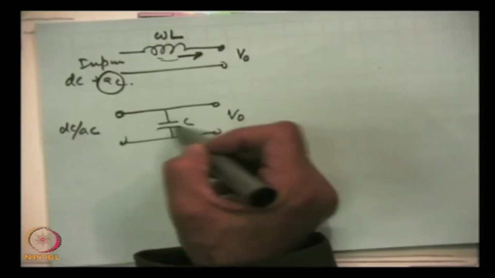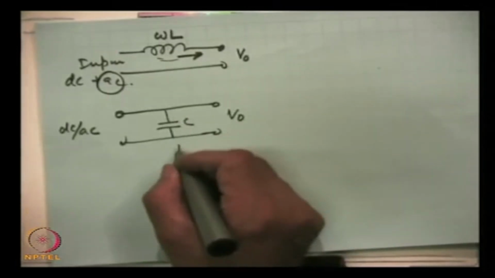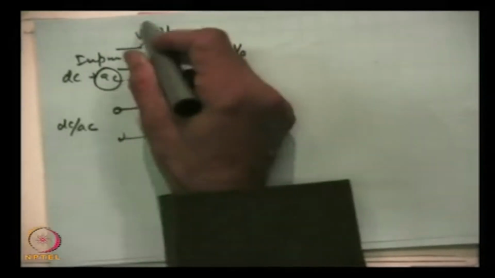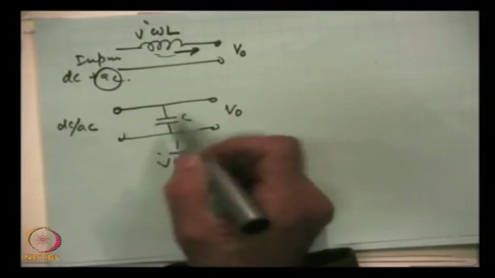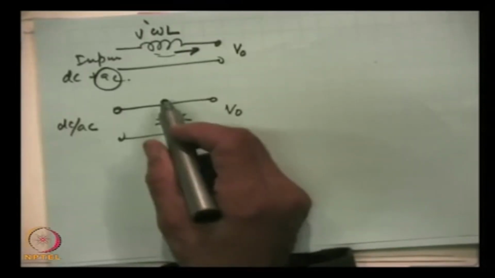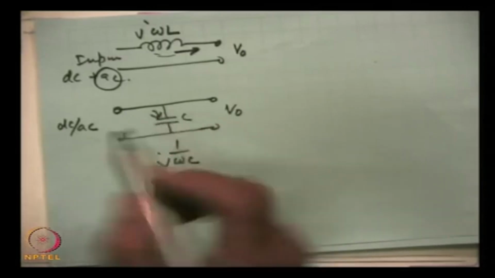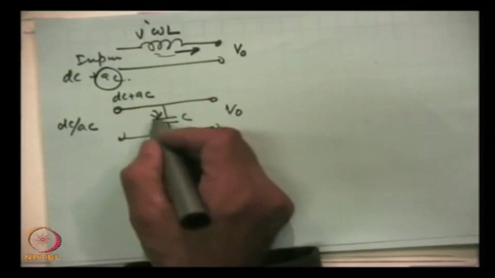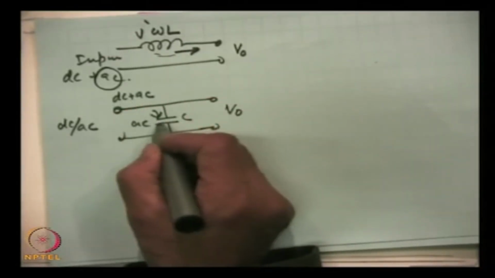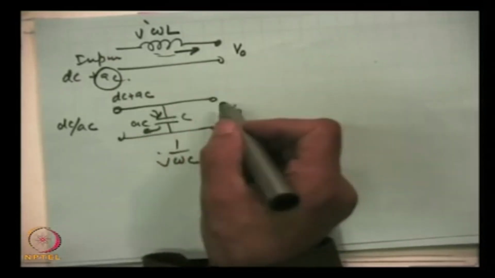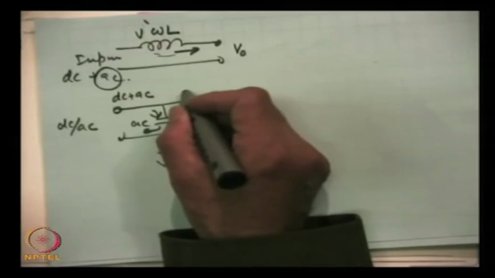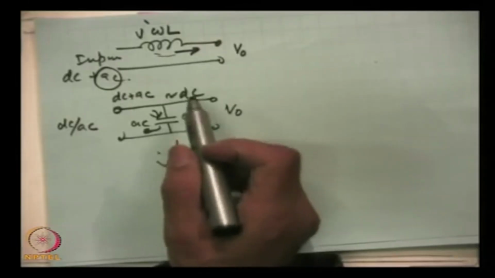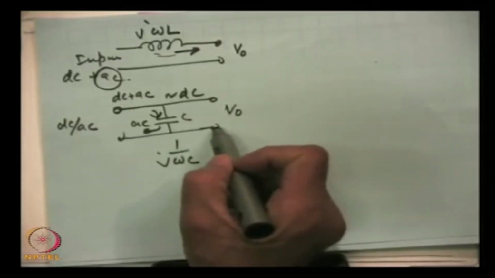Now, the impedance of this capacitor varies as 1 over j omega C. So for AC this will act as a very low impedance path. The input is DC plus AC, while AC will find a path here and be prevented from going to the load. So this is a much better, much smoother output waveform available to the load.